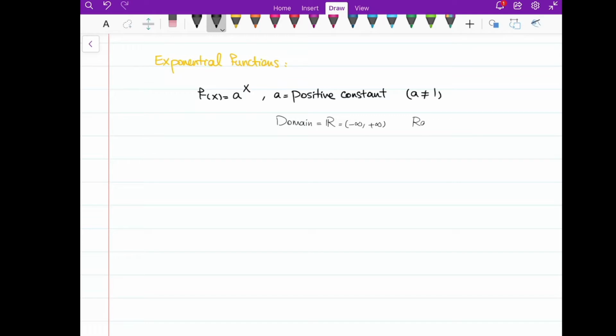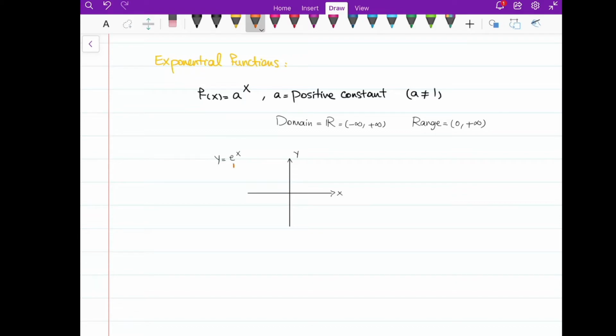And the range of exponential functions, which is basically a number to the power of x, is 0 to positive infinity. Let me graph some of them for you. For example, this is the x-axis, this is the y-axis. I'm gonna graph y equals e to the power of x.